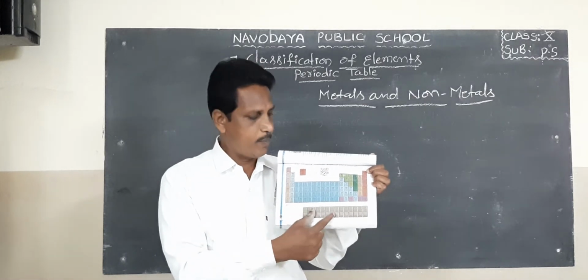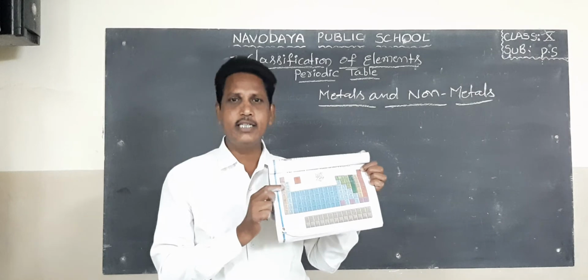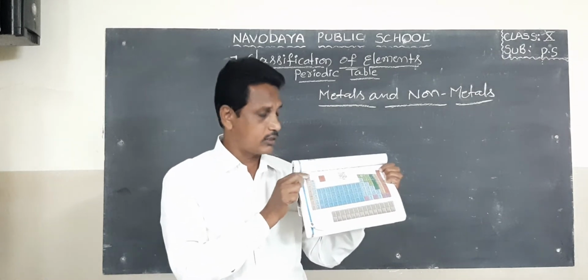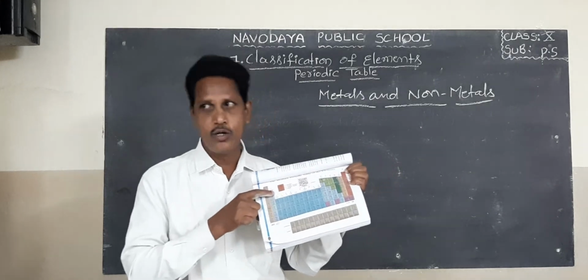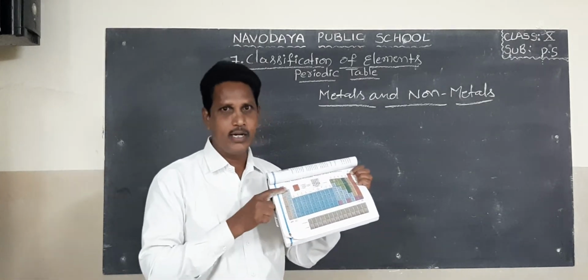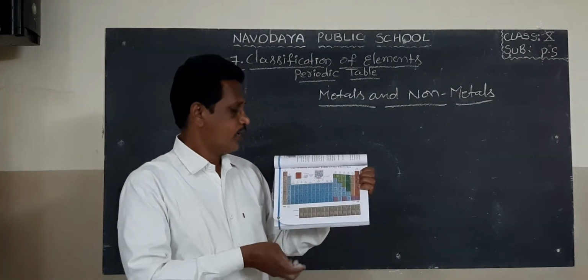D block elements and F block elements are also metals. Among all these metals, the strongest metals are present in 1A and 2A groups.